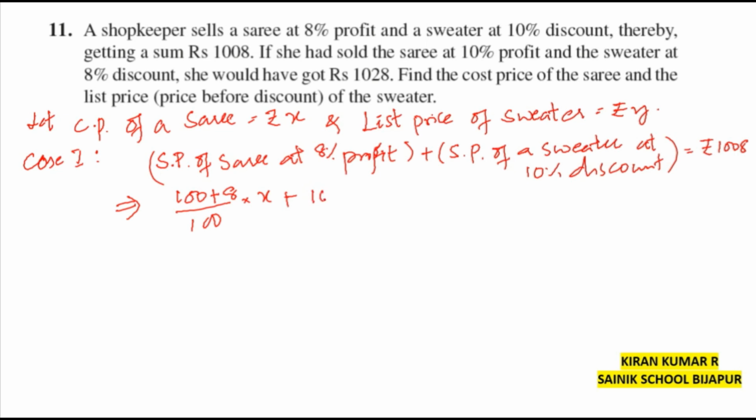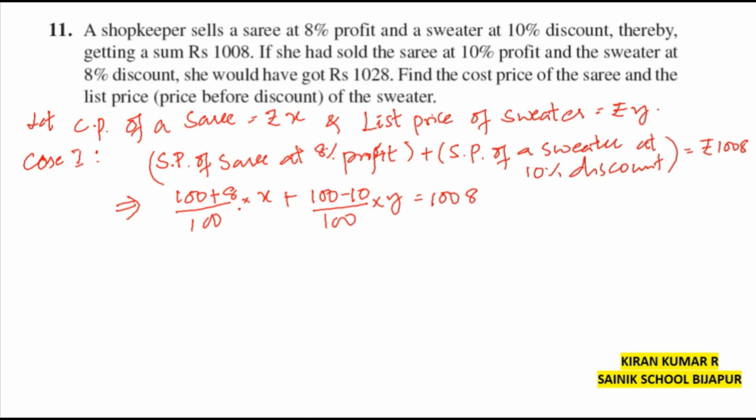It will be 100 minus the discount percentage divided by 100 multiplied by the list price. This will be equal to 1008. This needs to be simplified.